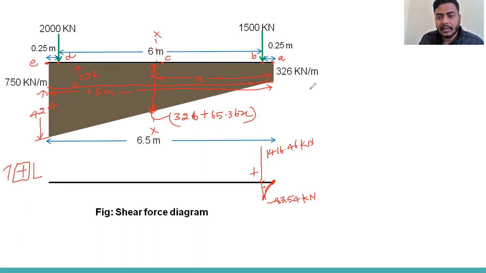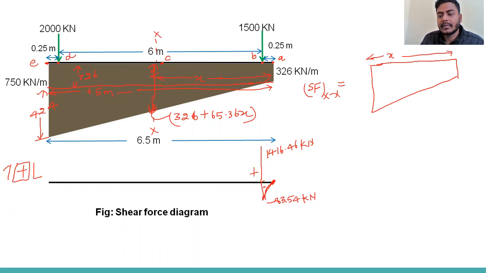So we can write a general expression for shear force at x. First, let's discuss the loading condition. The load will be like this. This distance is x. Here we'll get 326.